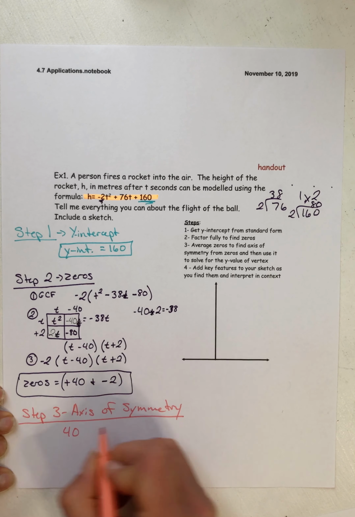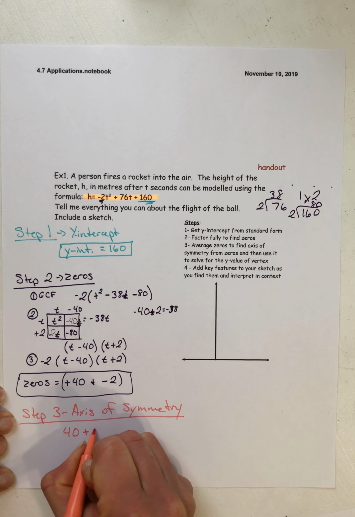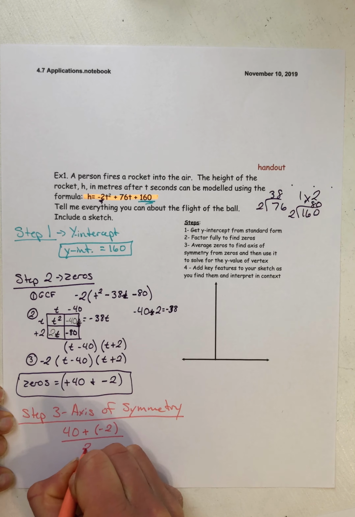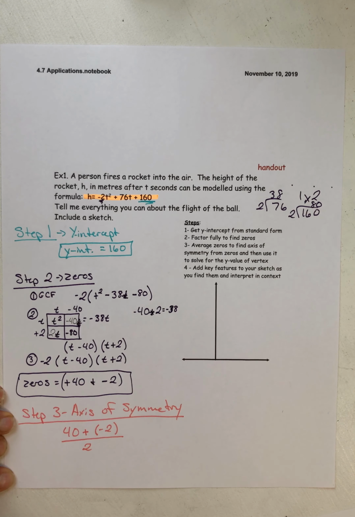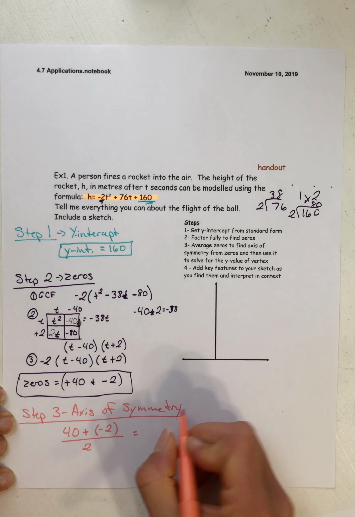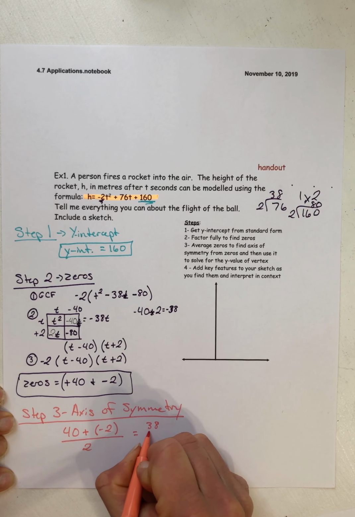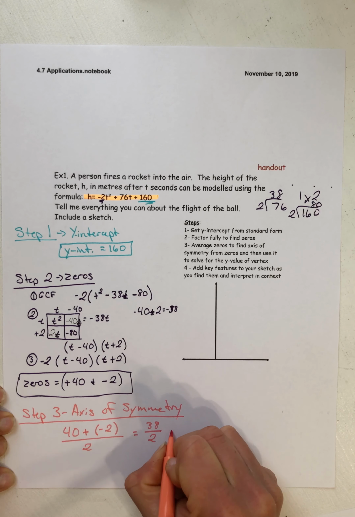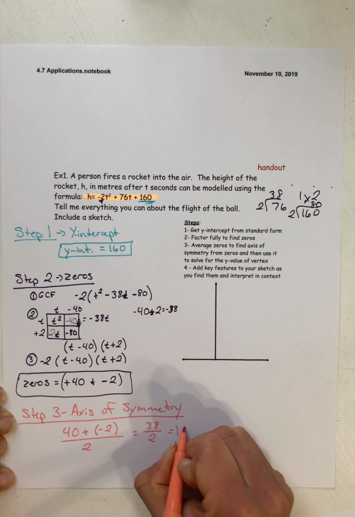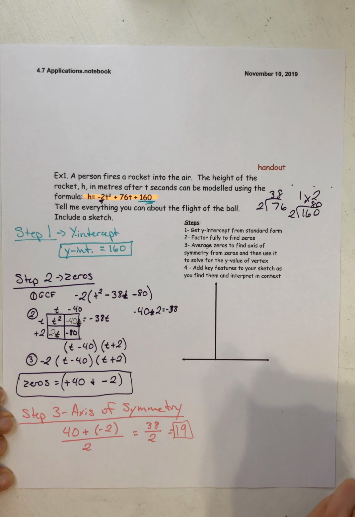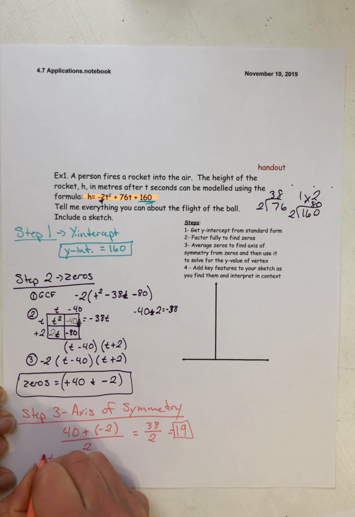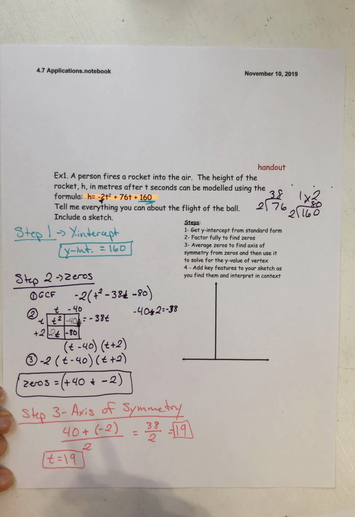So 40 plus negative 2, divided by 2. That gives us 38 divided by 2, and if you use a calculator, it's going to give us 19, right? So then we need to make sure that we write it as t equals 19, right? Because technically t is our x.